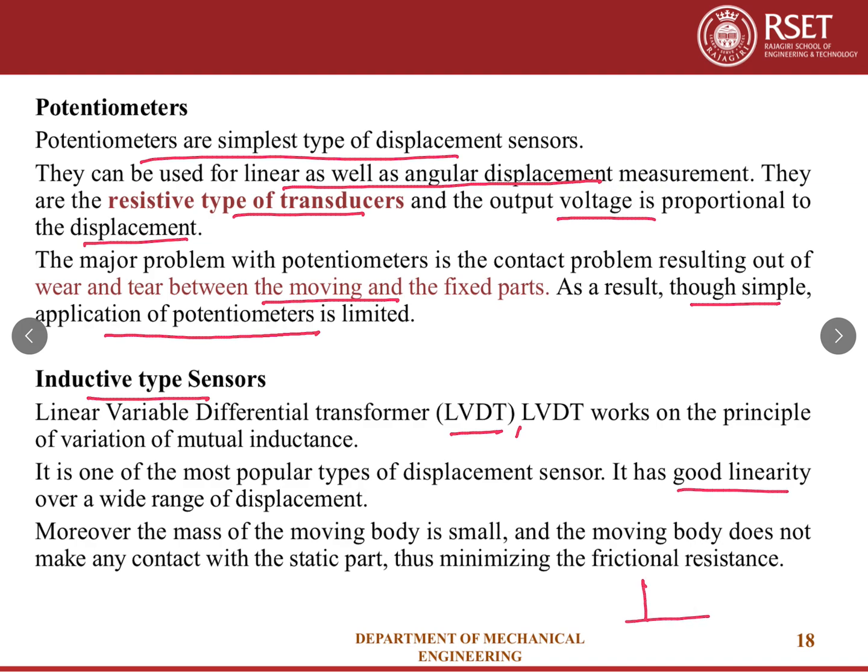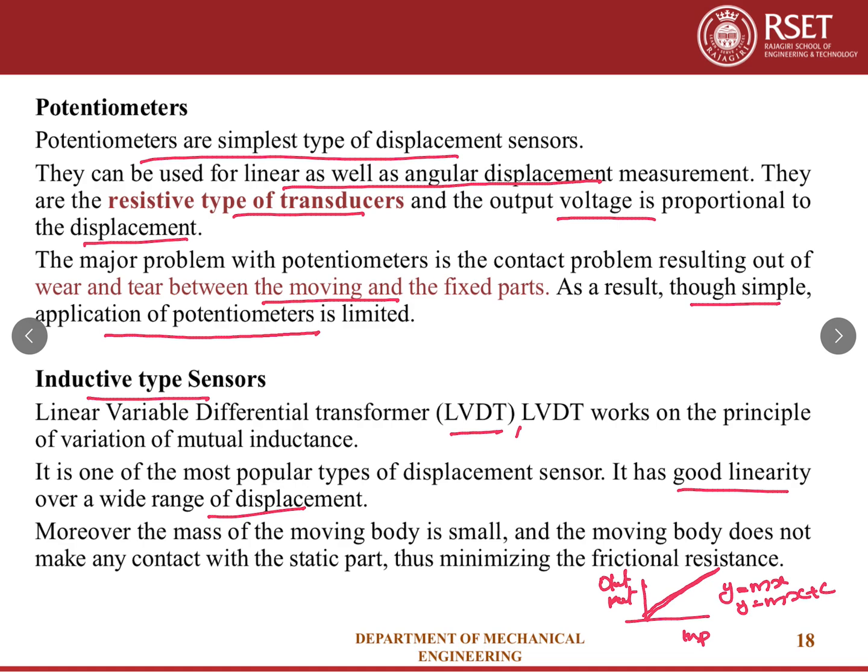Linearity means the input-output relationship is linear, which can be expressed by y = mx or y = mx + c. That is the expected output. So this LVDT has good linearity and a wide range of displacement.